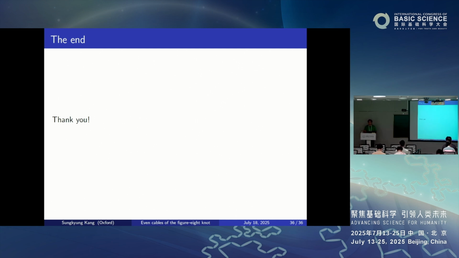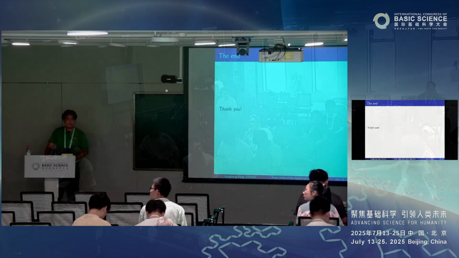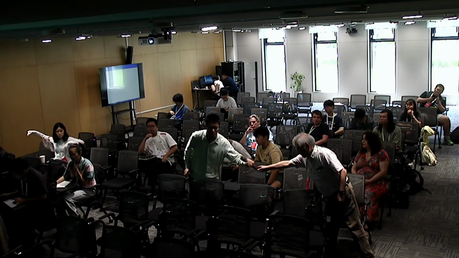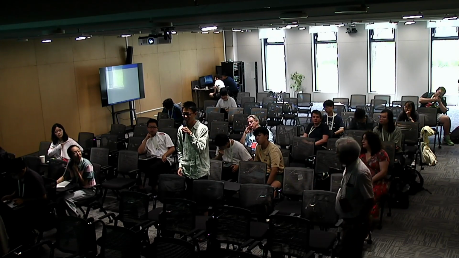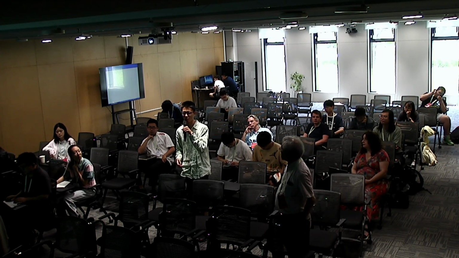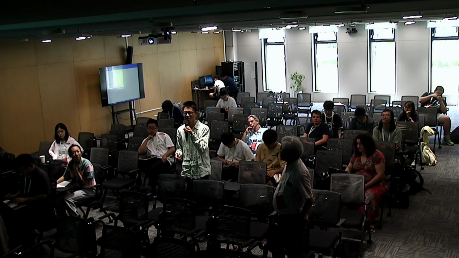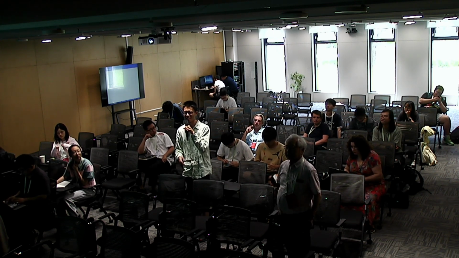Are there any questions or comments? Thank you for a nice talk. And I wonder, how computable is the Seiberg-Witten invariant for knots? Apart from the (2,1) cable of figure 8, are there any others?